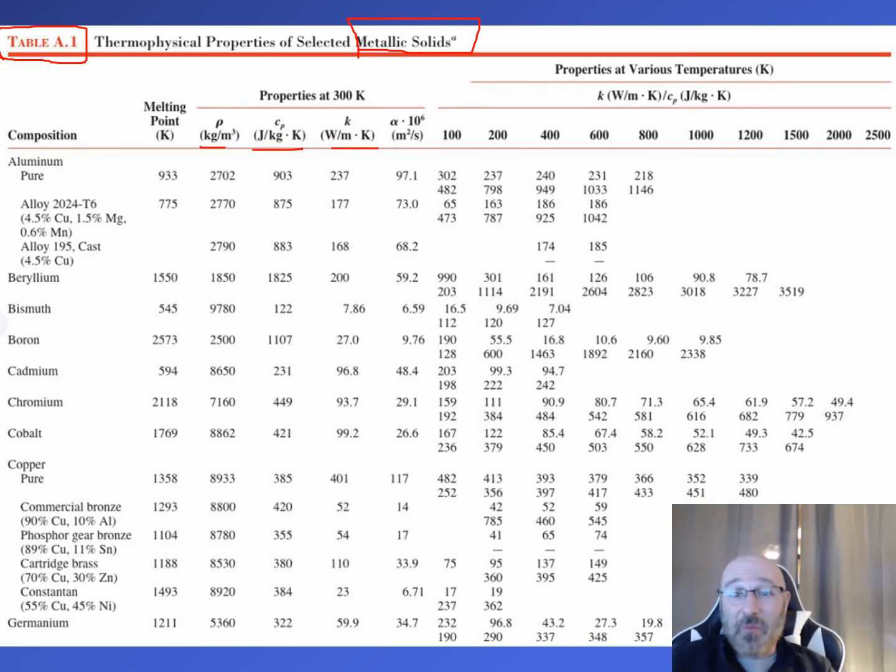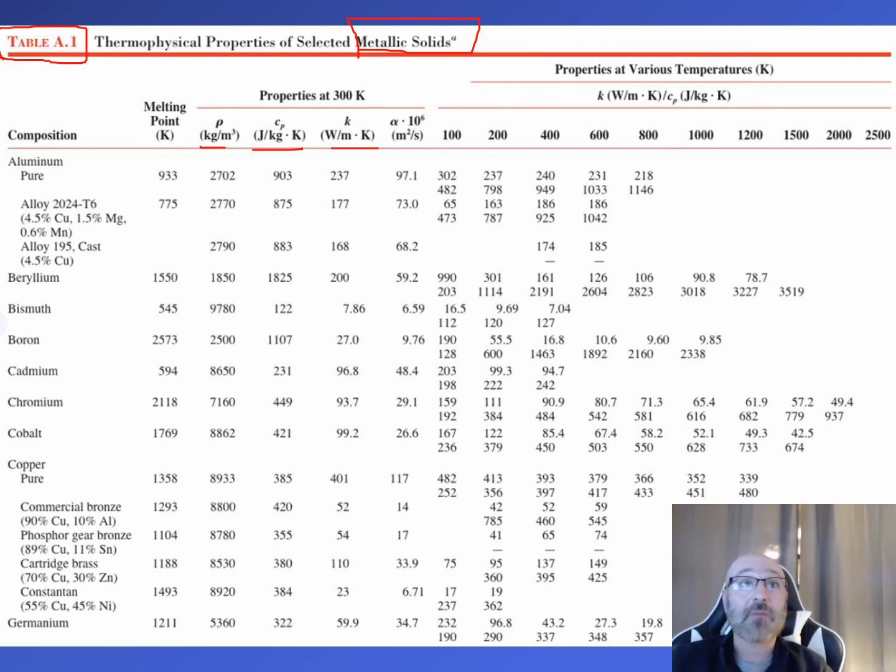Well, in more complicated problems, they might just give you a temperature or they might just tell you the name of a material, and you're going to be expected to know that you need to go to the back of the appendices. Or in a job or a group project or a research project in the future, you're going to need to know where to find these tables in general to look up all the properties of that material. It's not always going to be given to you in the problem statement. They might just say steel at this temperature, and you're going to have to say, okay, now I need to know where to go to look these properties up.